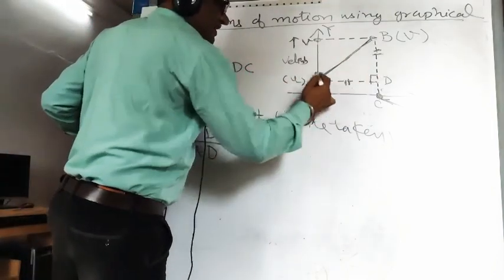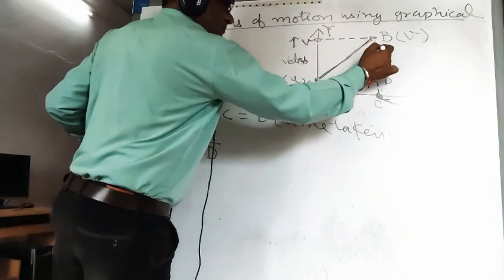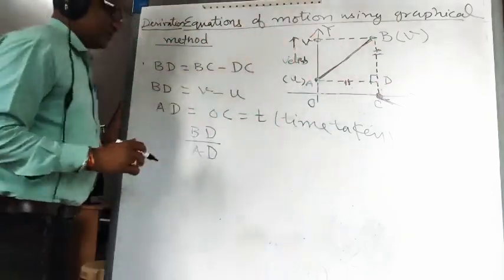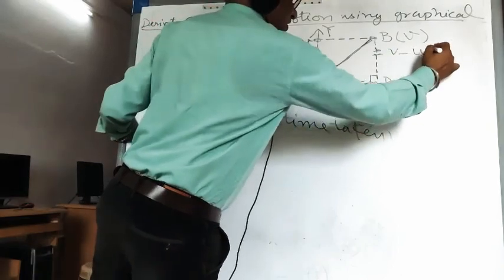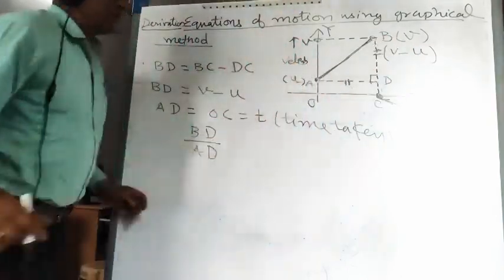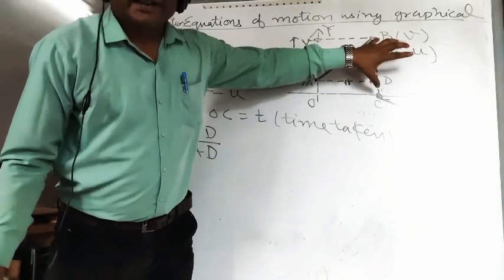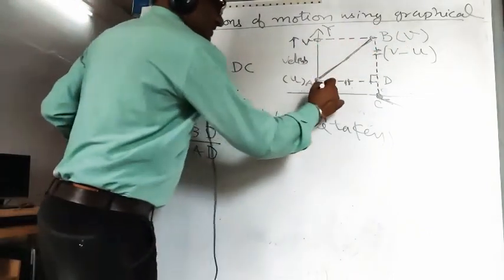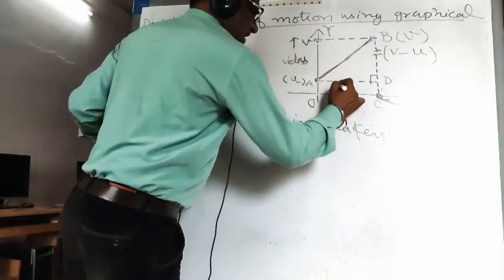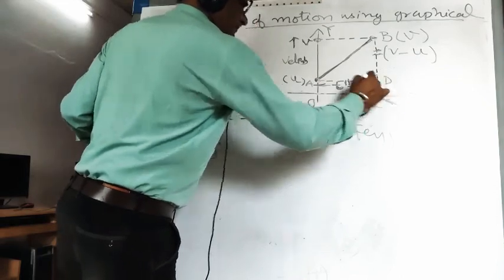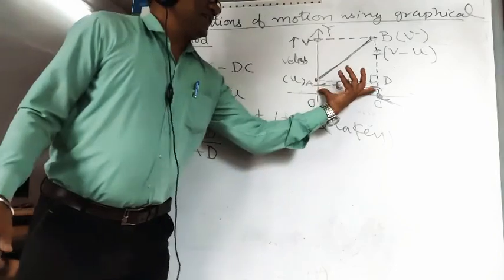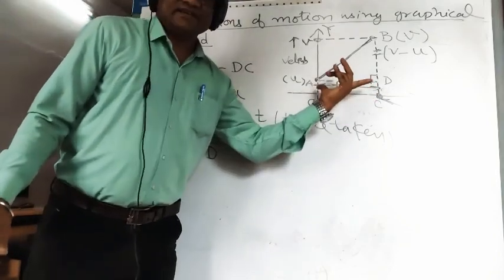Consider the right angle triangle ABD. What does the perpendicular BD stand for? According to this graph, perpendicular stands for change in velocity, and base represents time taken for that change. This is time taken t, from 0 to t.